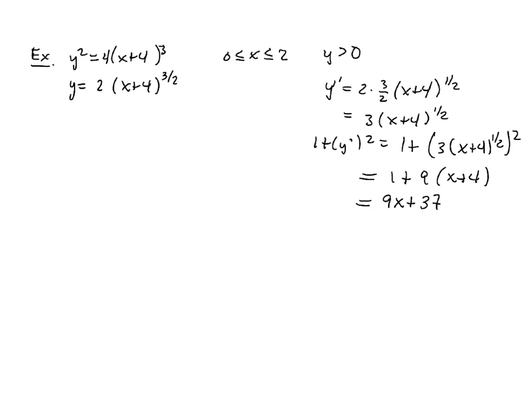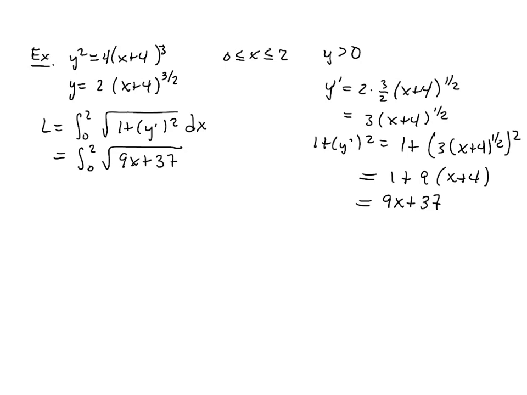So in our arc length formula, that's going to be the integral from 0 to 2 of the square root of 1 plus y prime squared dx. We put in our expression for 1 plus y prime squared. This is the integral from 0 to 2 of the square root of 9x plus 37 dx. I do recommend doing a lot of this scratch work over on the side to keep your work nice and clean.